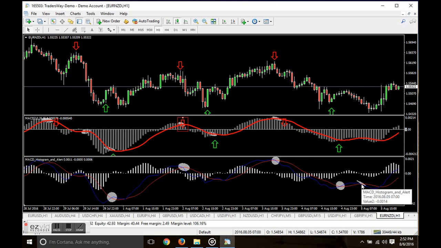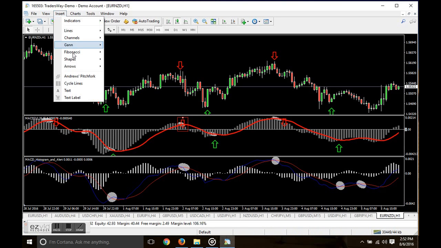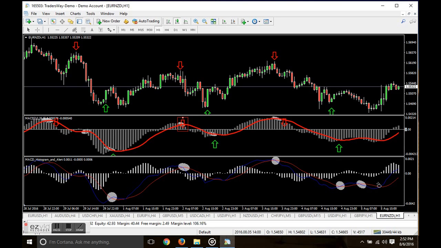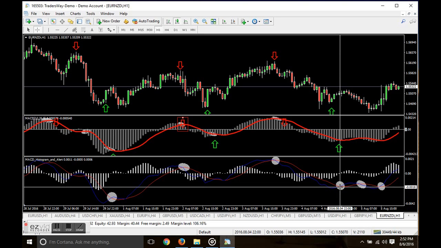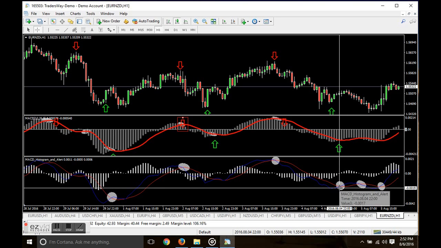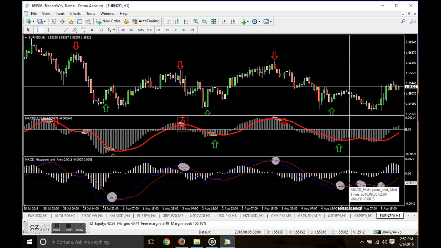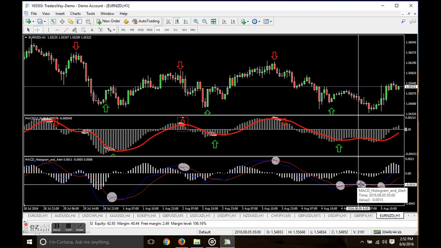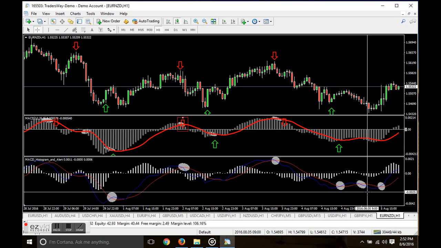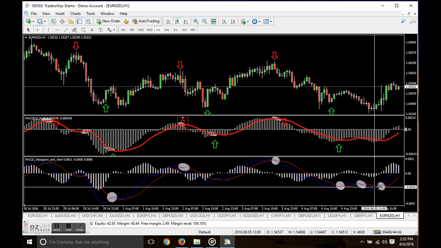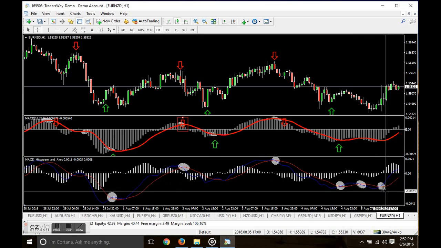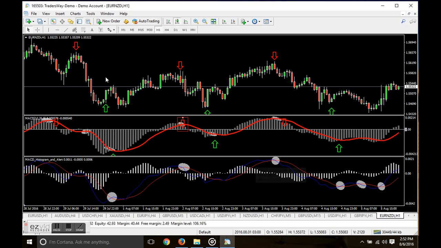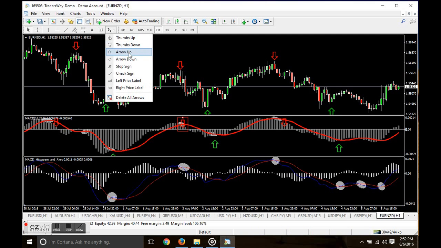Crossed down. Histogram crossed down over the 0 line. And we'll do one more. Crossed up and also did the histogram. As you can see. Cross up. So did the histogram, so did the price.